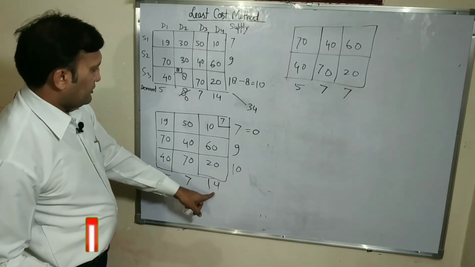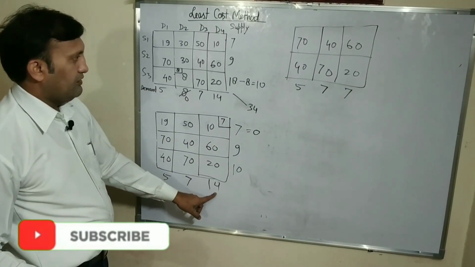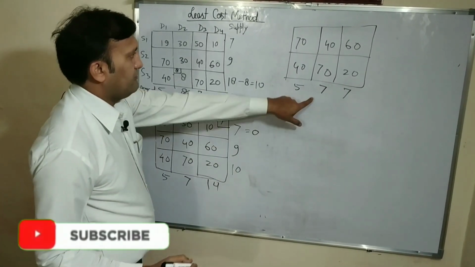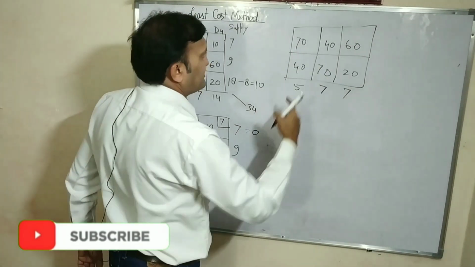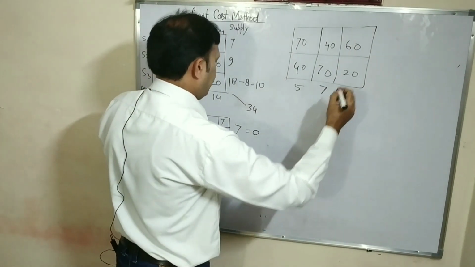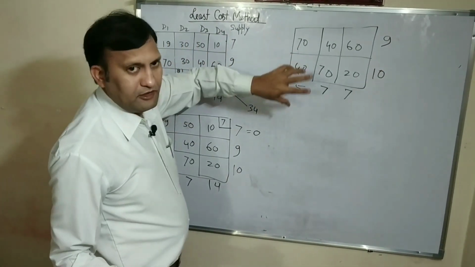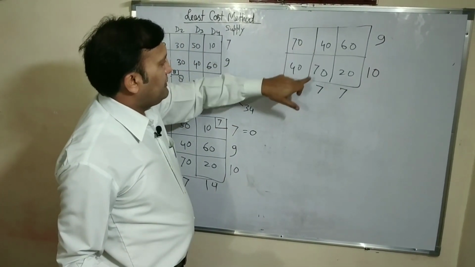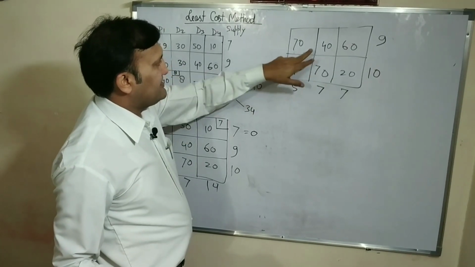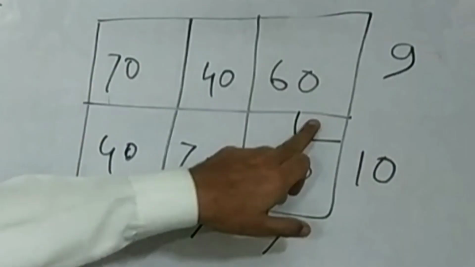So we are going to deduct 7, 14 minus 7. So this will be the next table, and from this side it will be 9, it will be 10. Now further we are going to see which cell has the least cost. So it will be 20.